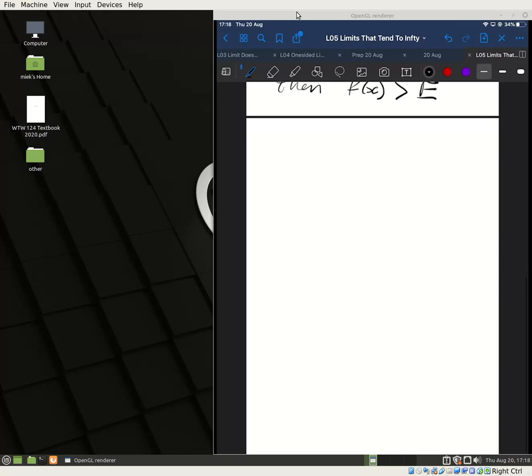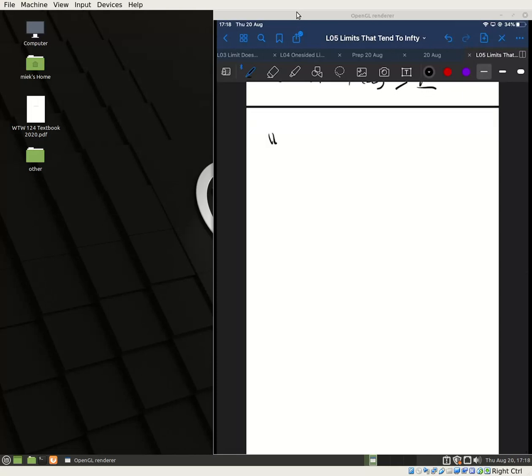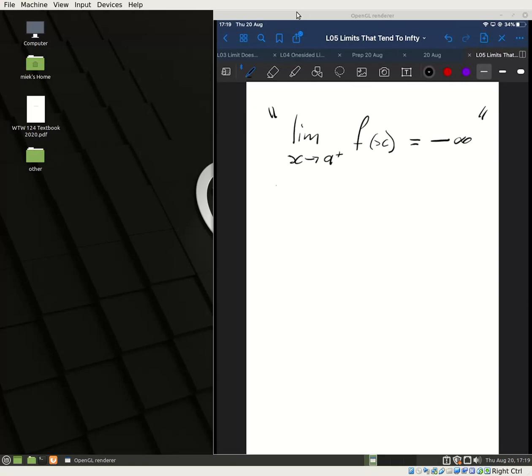Okay, let us talk about the next definition. The limit as x tends to a from the right of f of x is equal to minus infinity. This means the following.